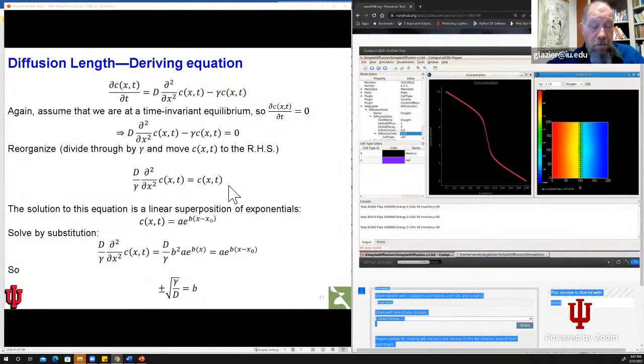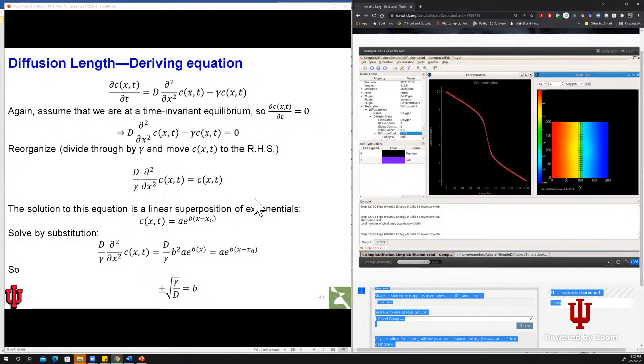There are not many differential equations that you have to learn, but one of them is if the derivative of something is itself, what kind of functional form do you have? Exponential.